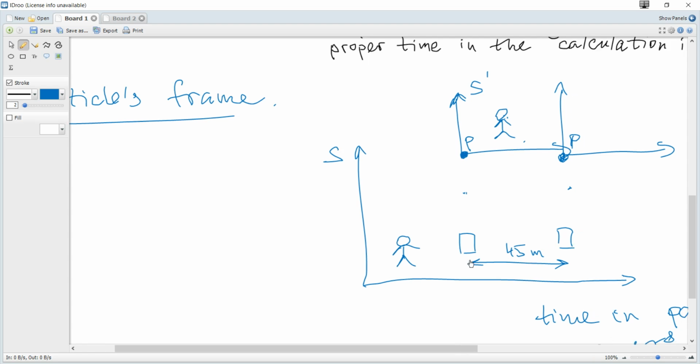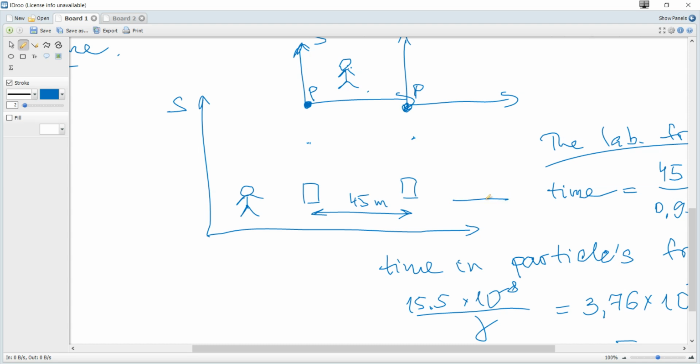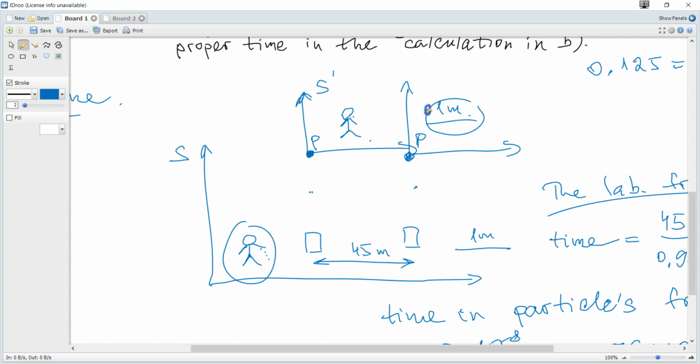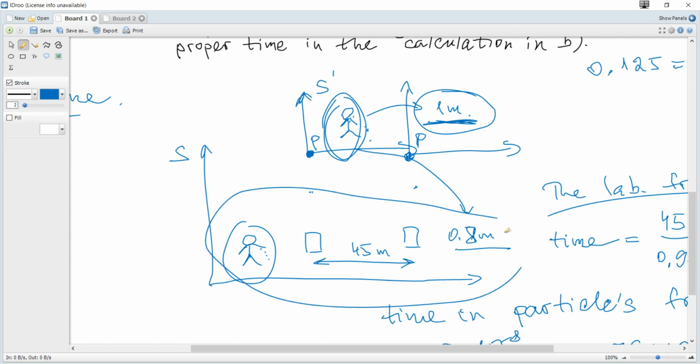will be measured as contracted length. It's the same as if there is a rod of 1 meter: when it is stationary, it's 1 meter, but if we measure the same rod in the S prime moving reference frame, we will measure contracted length, for example 0.8 meters. In an absolutely symmetrical situation, the same rod of 1 meter, if it is measured by this observer in S prime, will be 1 meter, because this rod is stationary in S prime, but it will be measured to be 0.8 meters by the other observer, because it is measured in a moving reference frame.